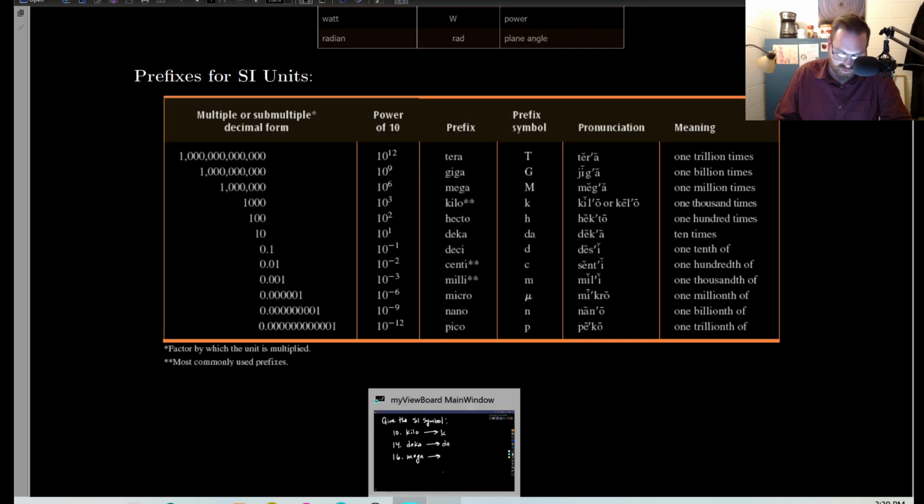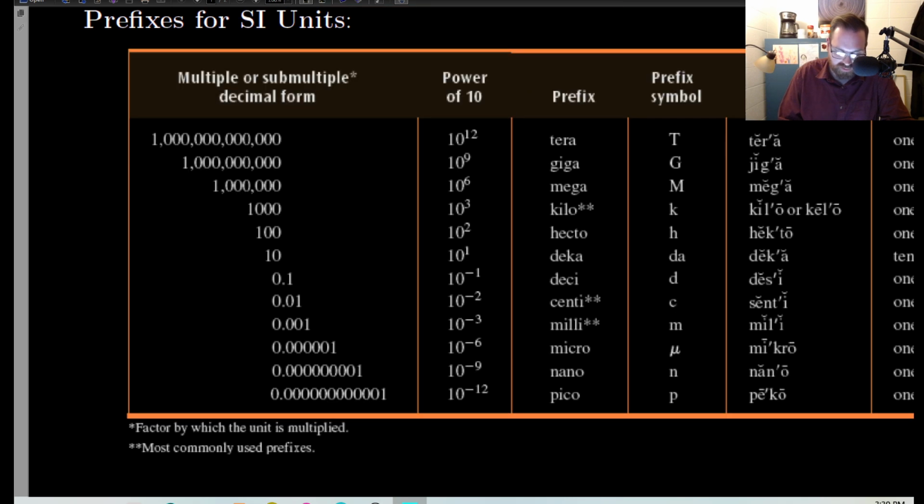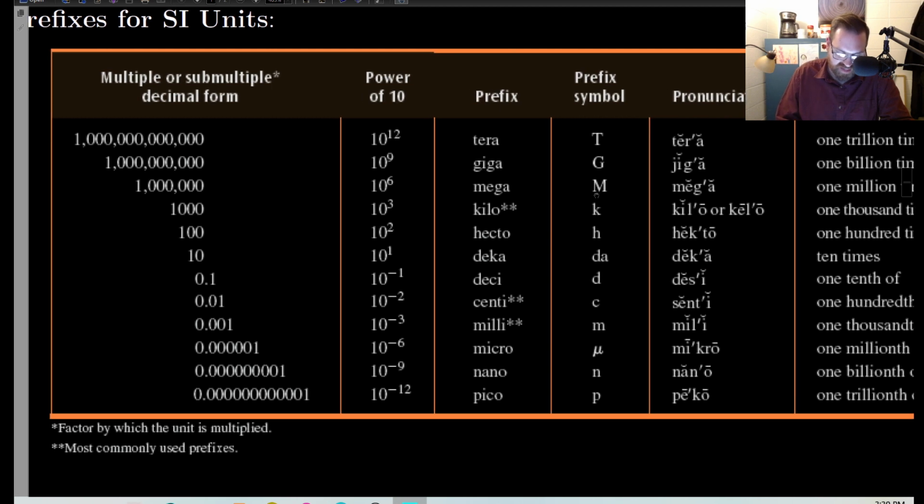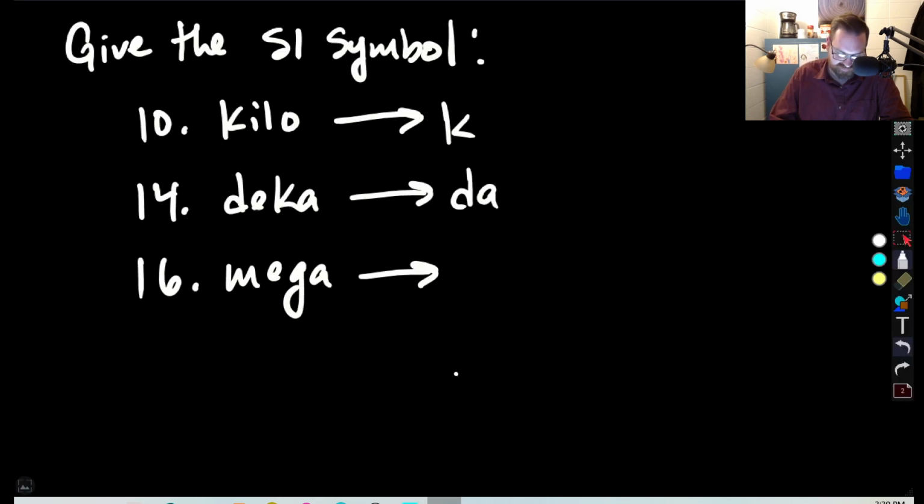Mega would correspond with, well, we just did that one. 1 million. Whoop, zoomed in there. Didn't mean to do that. Whatever, it works. Mega is going to be a capital M. Okay. And so that would be the corresponding piece specifically for that one.